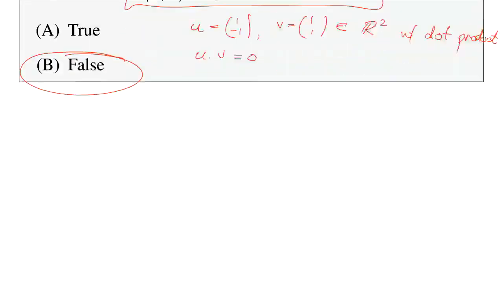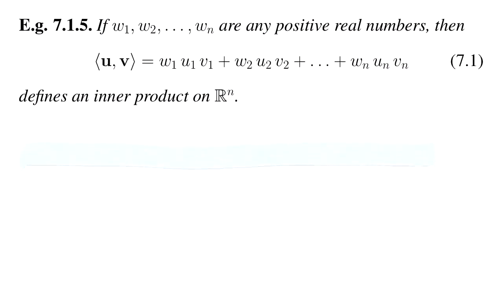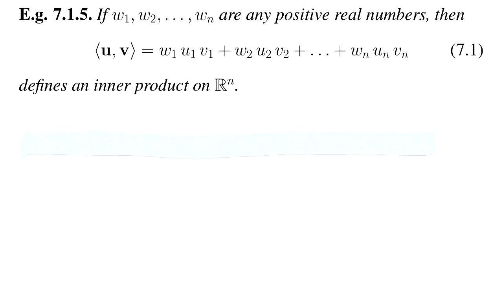Okay. Now, what's an example of something on Rn that's an inner product that's not the dot product? So here's one generalization of the dot product on Rn, okay? So it looks like the dot product, right?